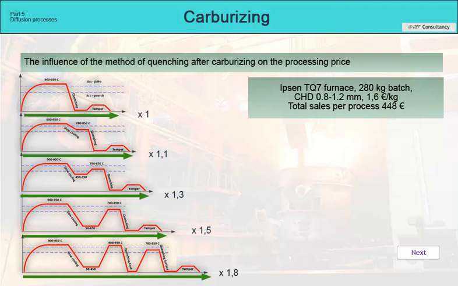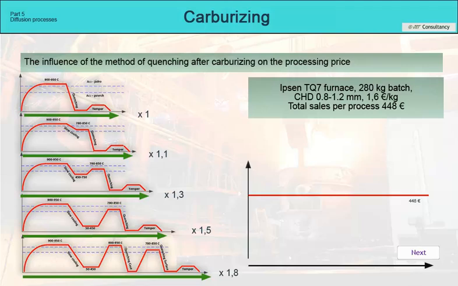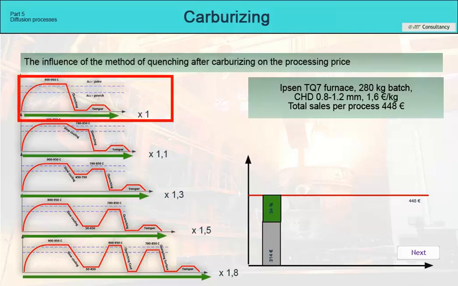The selling price of the process will therefore be 448 euros. The graph shows how the individual options affect the processing costs. Logically, the option with direct hardening appears to be the cheapest. However, it is rejected metallurgically due to the growth of austenitic grains and, as a result, coarse martensite.